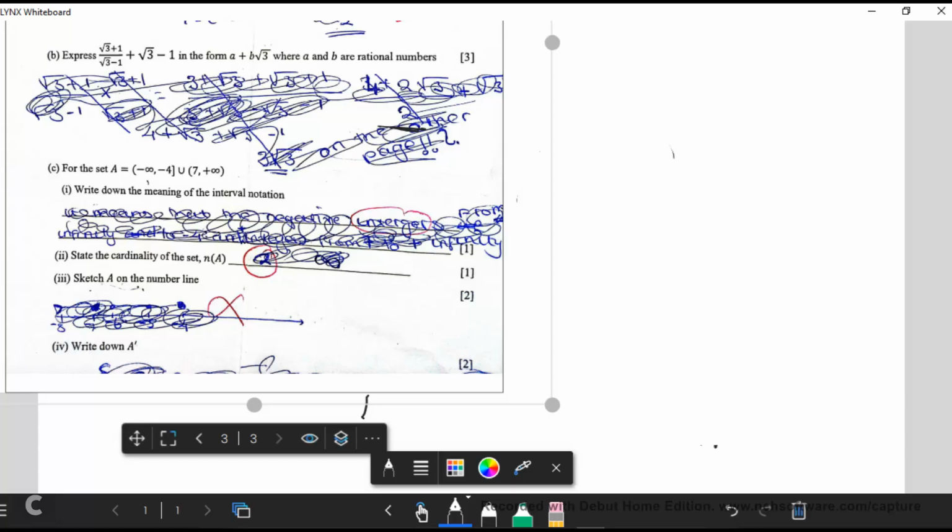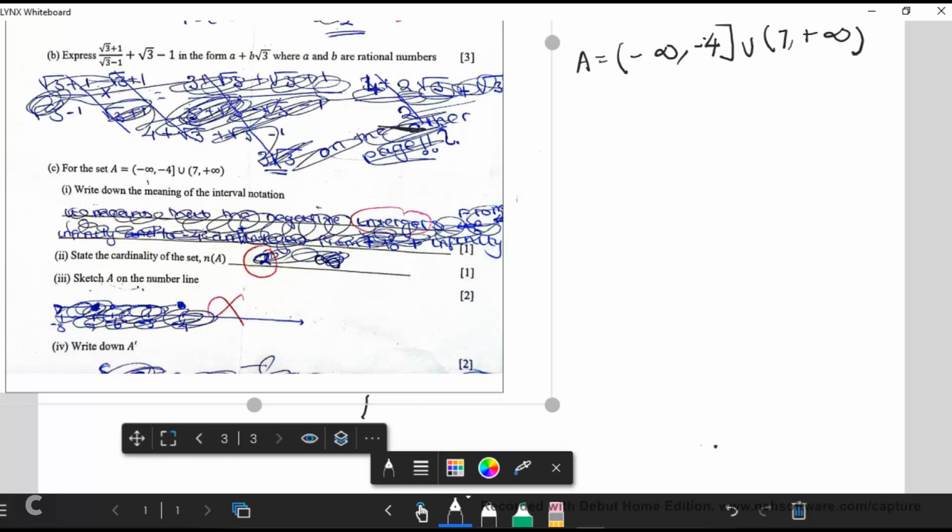This question 3, they're saying A is equal to from negative infinity to negative 4, union 7 to positive infinity. So it's saying write down the meaning of the interval notation.